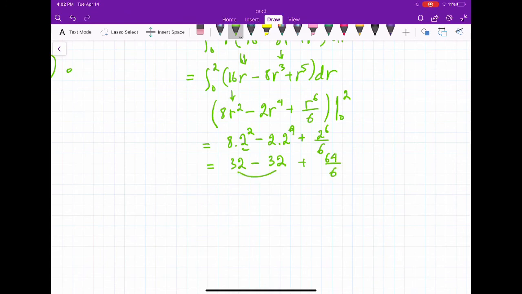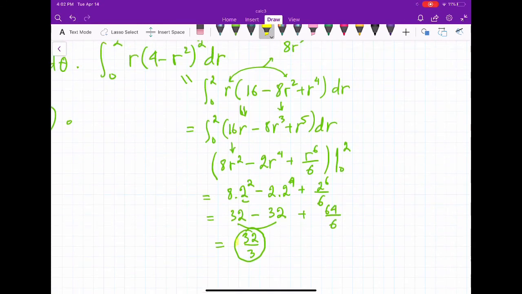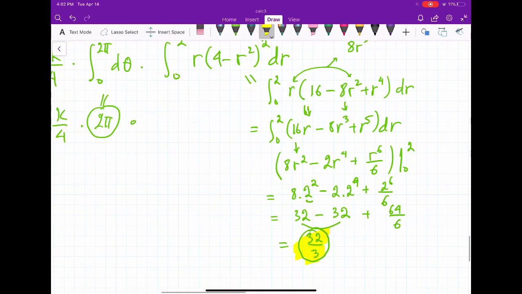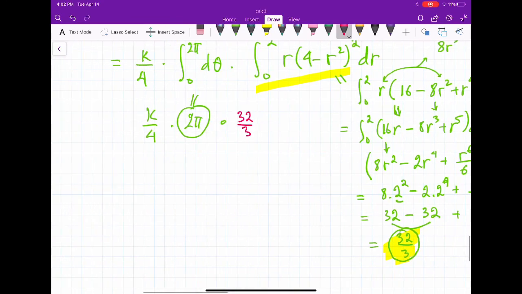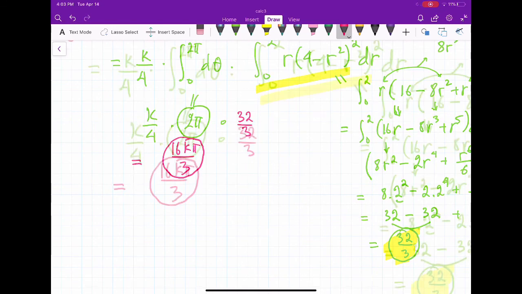So this will be cancelled out. You get 32 over 3. Alright, so 32 over 3, that is this integral. So I write times 32 over 3. Overall, 2 with the 4 will be cancelled out, so I have 16k pi over 3. Okay, that is the second integral.